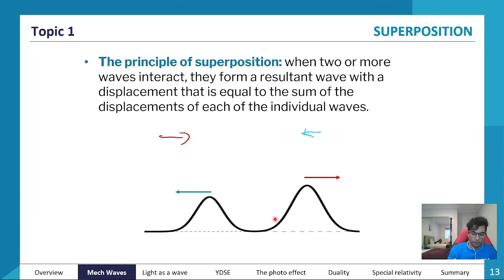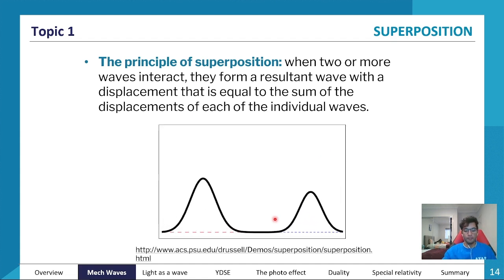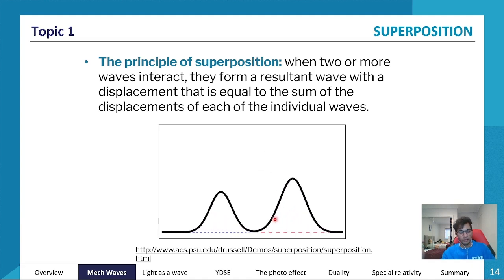We know that the red one had an amplitude of 5, the blue one had an amplitude of 3. Once they pass each other, the amplitudes should still remain. So this should have an amplitude of 5, and this should have an amplitude of 3. So essentially, it's just the same waves that have passed one another. And putting it all together in an animation looks something like this.